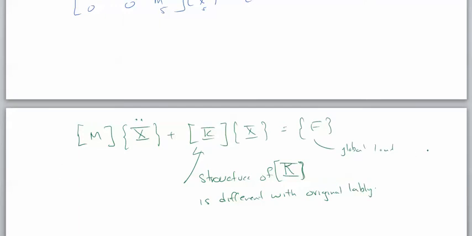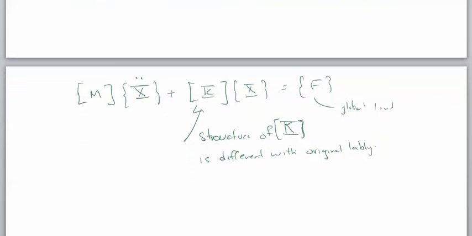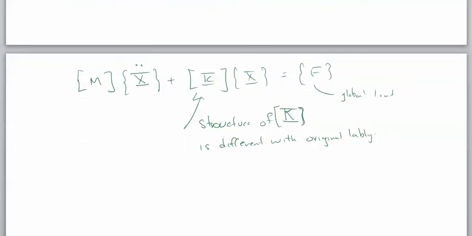And you might say, what difference does it make? Notice that as far as the end user is concerned, there is no difference. However, from an implementation point of view, the bandwidth of this matrix K is critical, and it has to be as small as possible.